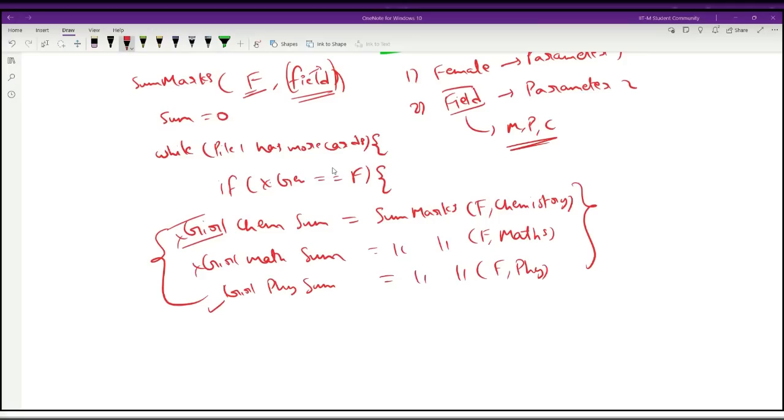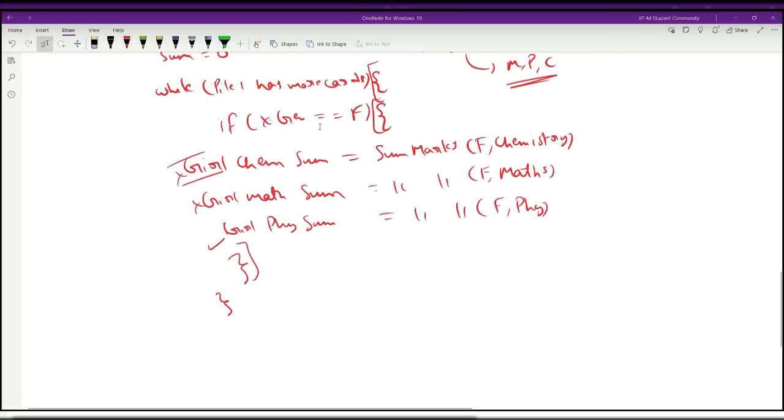This entire thing is one block. See this entire thing. From here to here, it is one procedure, and since everything is done, we need to come out of the branch.